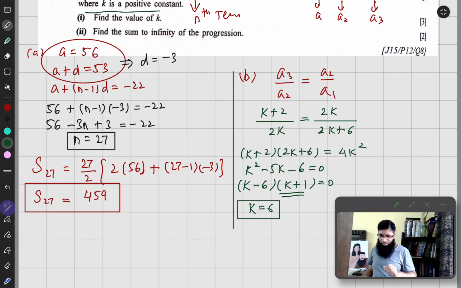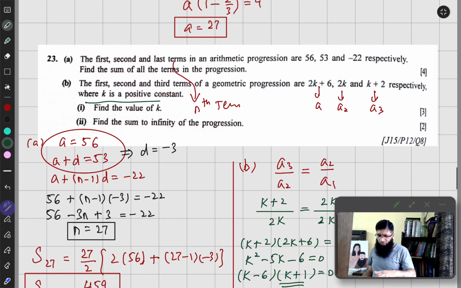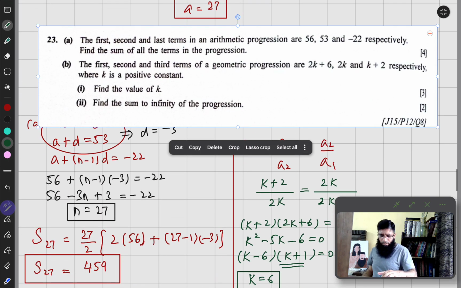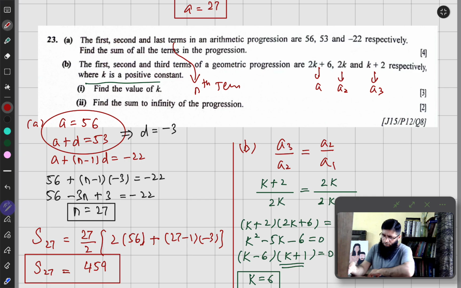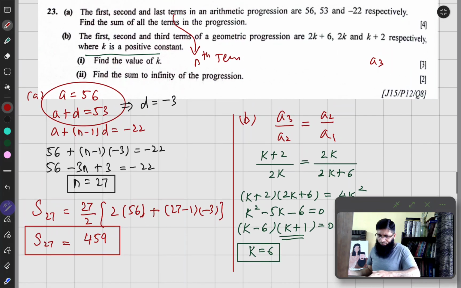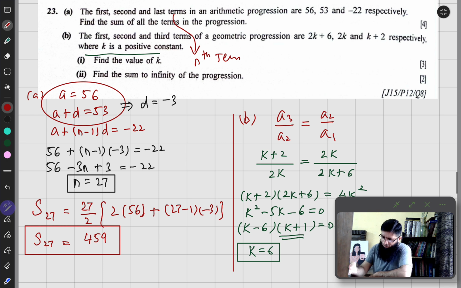Now we are supposed to find the sum up till infinity. Now the first term is basically, k is 6, so 2 sixes are 12, 12 plus 6 is 18, so this will be the first term, and 12 will be the second term. So r will be 12 by 18. It means r will be equal to 2 by 3.